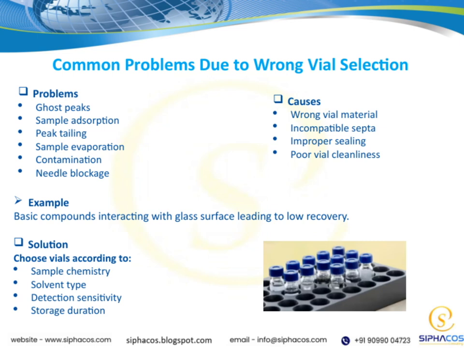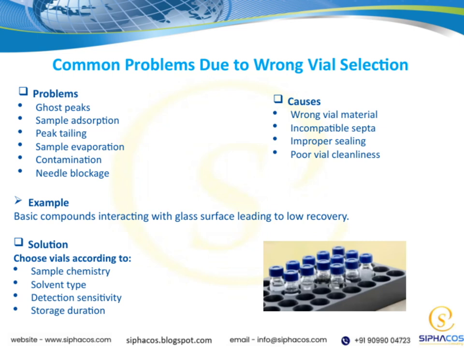Now, many problems stem from using the wrong vial material. For example, basic compounds can interact with glass surfaces, leading to low recovery of your analytes. This can cause a series of issues like ghost peaks, which are false signals, or sample adsorption, where analytes stick to the vial surface.